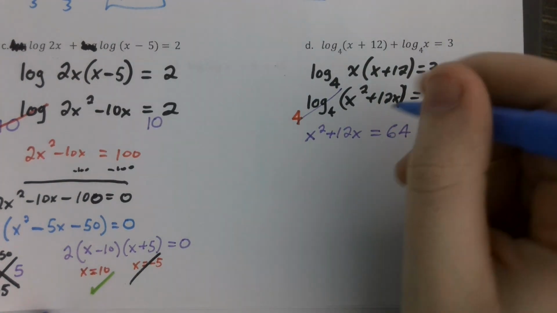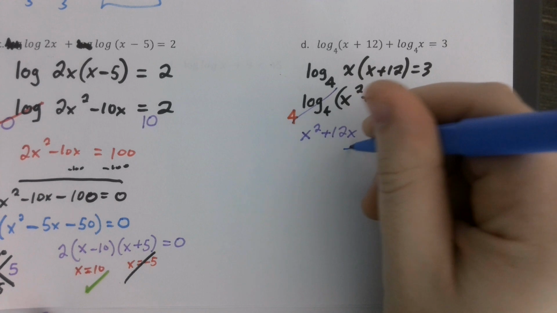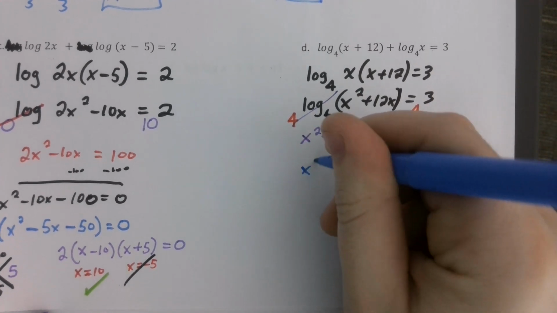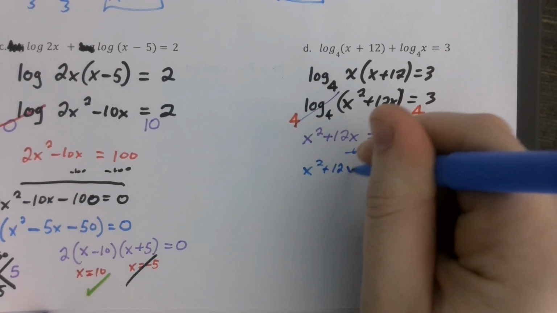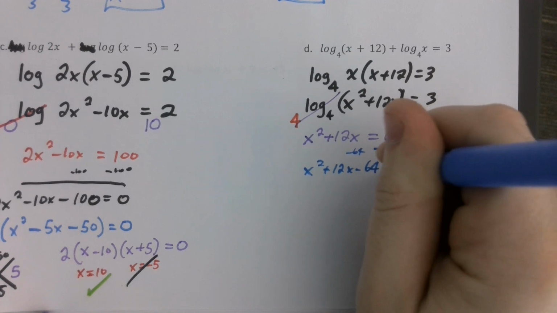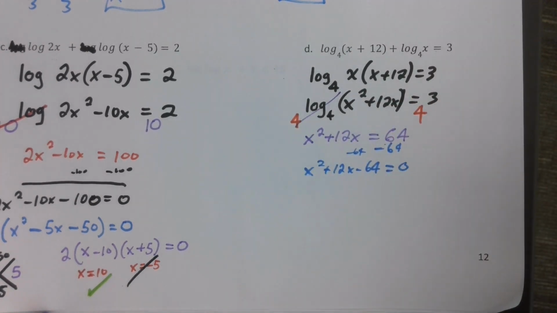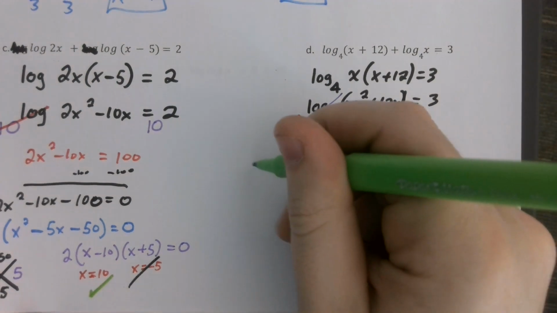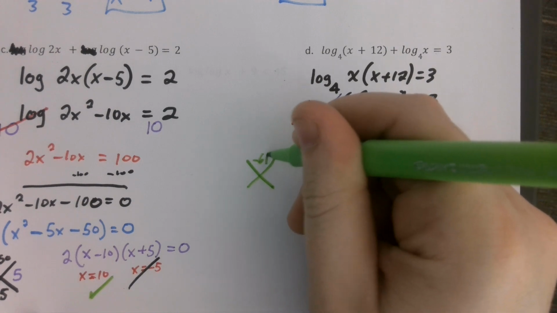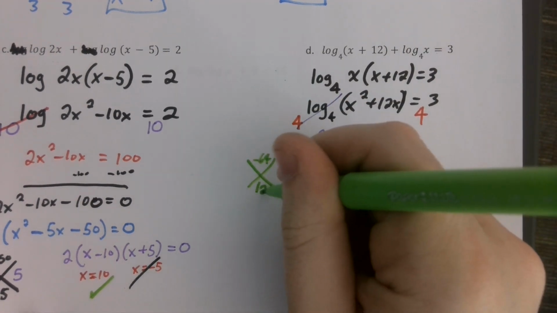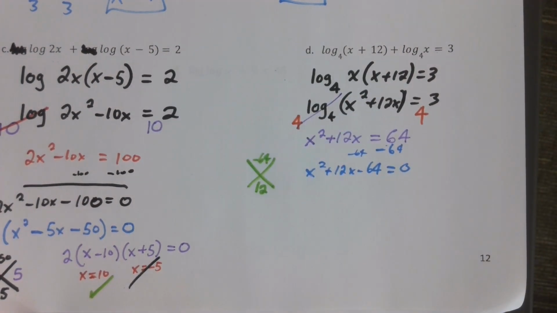Now we see the way to the end. We subtract 64 from both sides, and we solve this like we solve any quadratic. By factoring, by quadratic formula, by completing the square, by graphing. I'm going to still stick with good old factoring because I like it the most. We're looking for two numbers that multiply to make negative 64 and add to make 12, right?